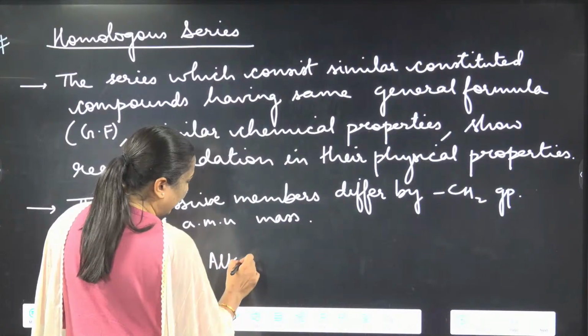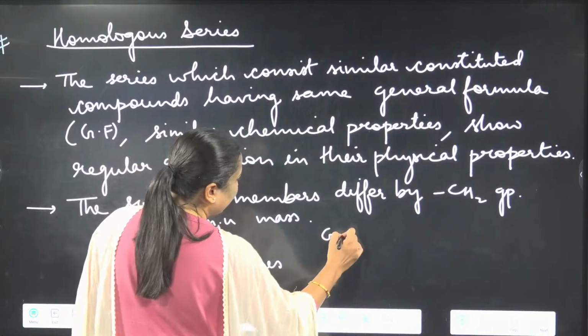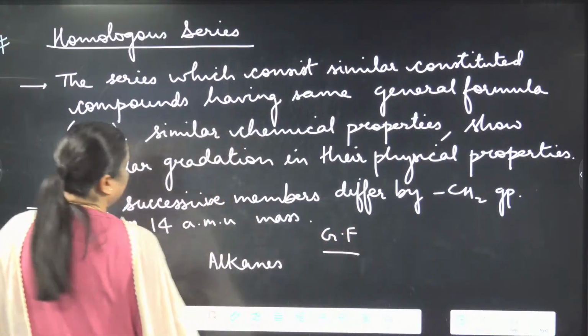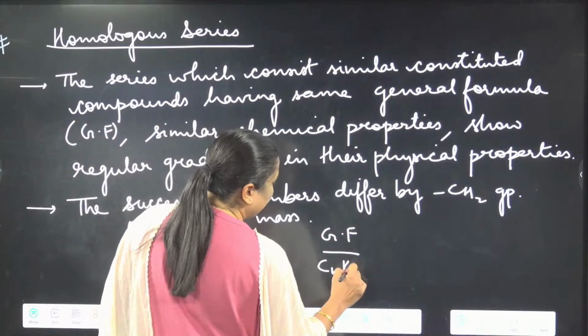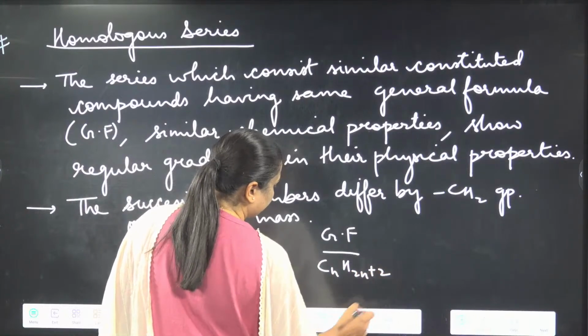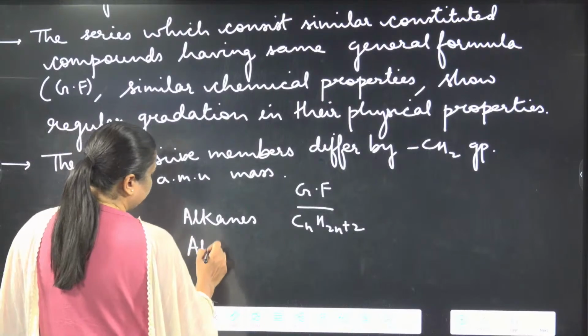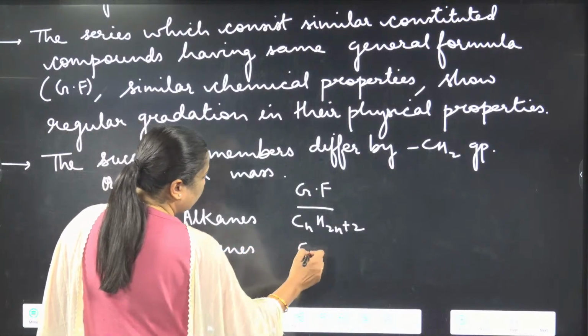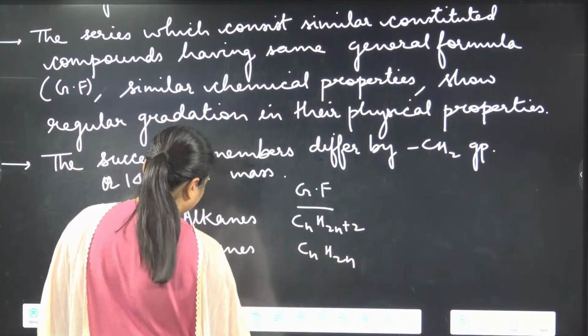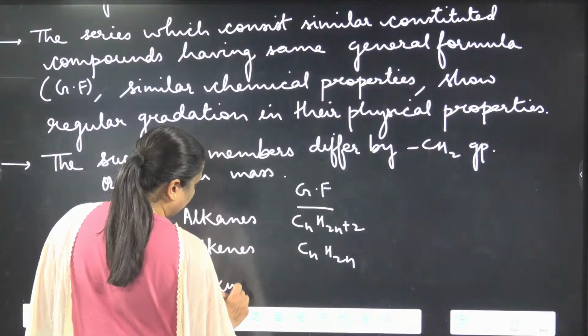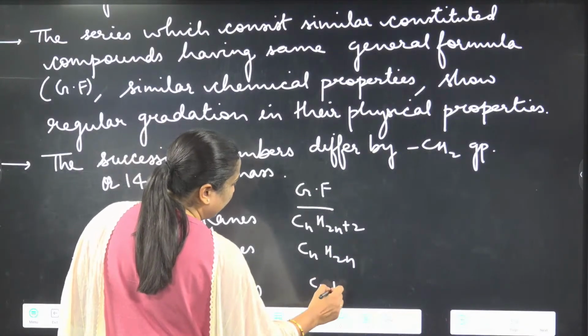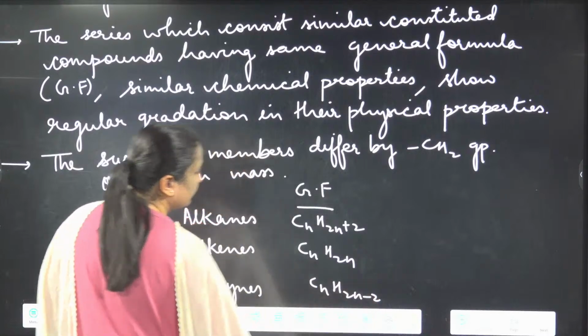So for all the alkanes the general formula is basically CnH2n+2. For alkenes it is CnH2n. For alkynes it is CnH2n-2.